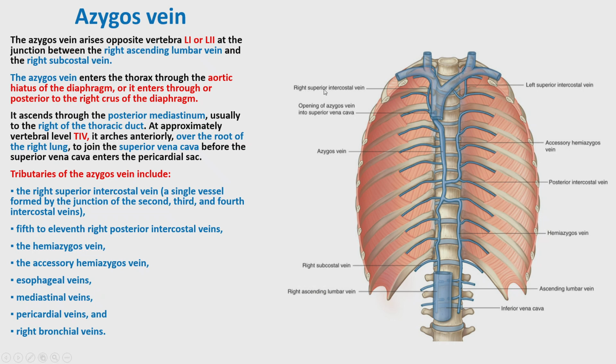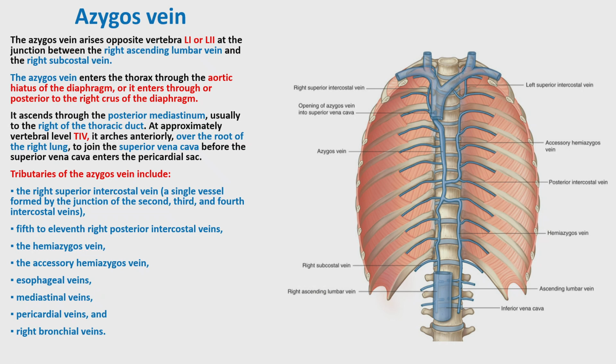Here we have the right superior intercostal vein, a single vein carrying blood and draining from the second to fourth intercostal spaces. It drains to the azygos vein and then to the superior vena cava, most commonly, though there can be variation as well. So those are the tributaries of the azygos vein, which drain on the right side to the azygos vein and then to the superior vena cava.